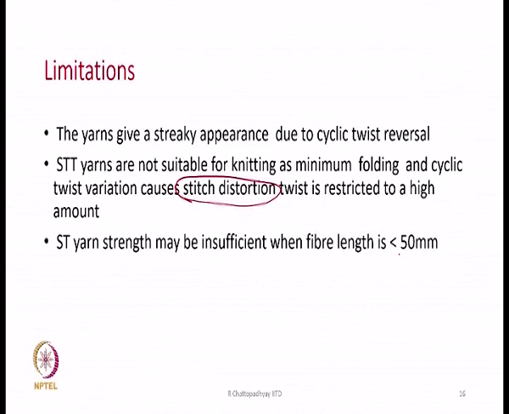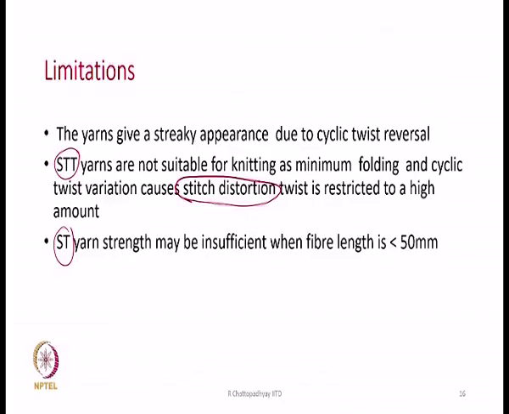ST yarn means self twist yarn, and when we take it again for further twisting, then we call it STT yarn. So, there is too much twist, so the yarn is going to be maybe twist lively also.